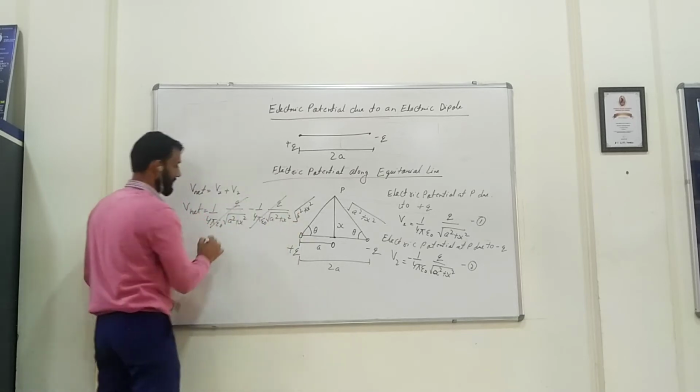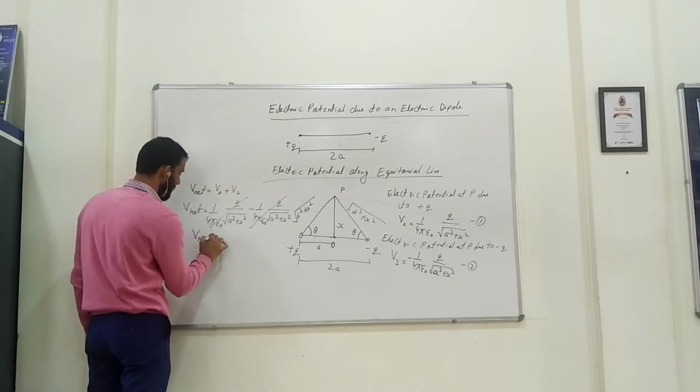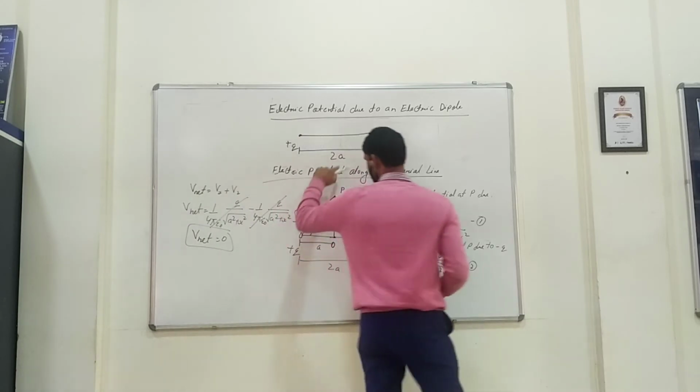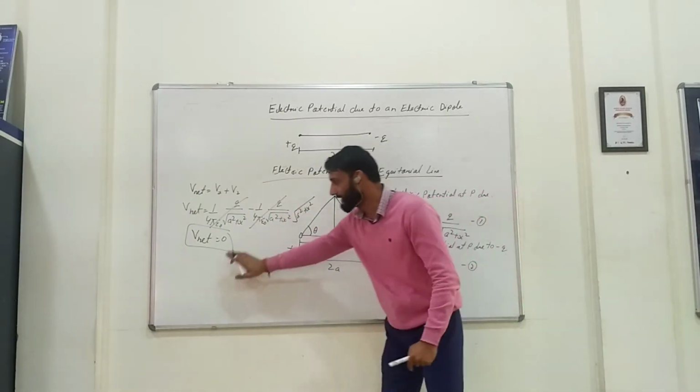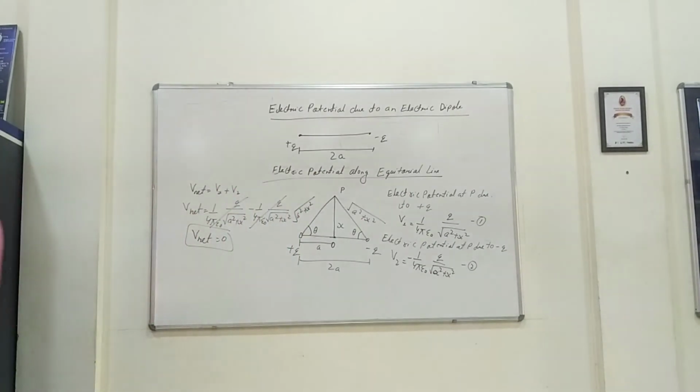If you add them, the net electric potential along the equatorial line for a dipole is 0. So this is what you need to understand.